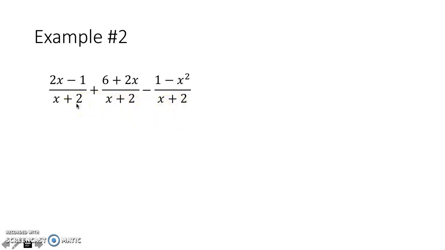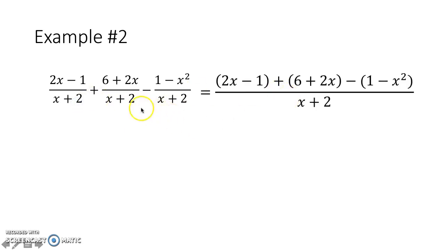So in a single rational expression, the denominator would be x plus 2. And notice that all the numerators of each rational expression are enclosed with parentheses, separated by the operation in between each numerator. So that's the quantity of 2x minus 1 plus the quantity of 6 plus 2x minus the quantity of 1 minus x squared.